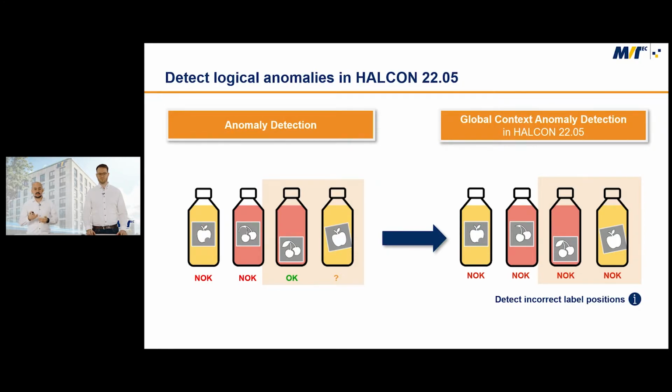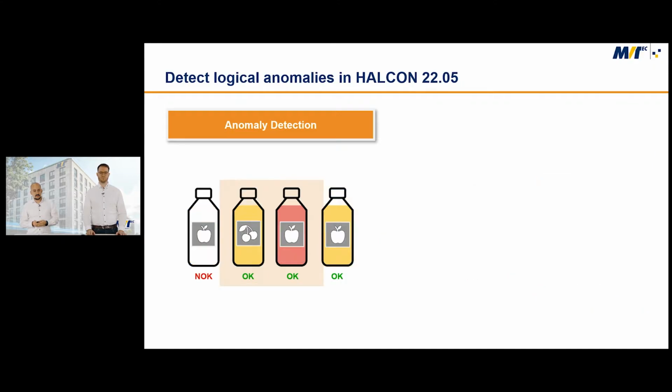But for example, the label which is shifted to the bottom of the bottle would be detected as okay by the current anomaly detection, as the label is correct, the bottle is correct, and the context between bottle and the position of the label is not learned by the algorithm. And as we see on the right, with the Global Context Anomaly Detection, this context can be learned by the algorithm and it will detect the bottle as not OK.